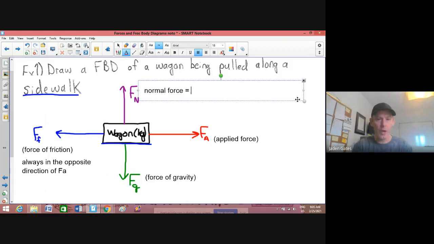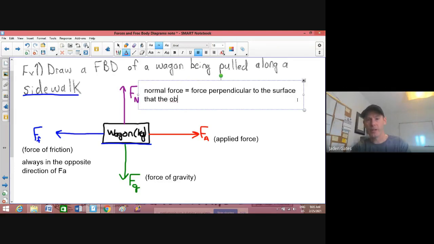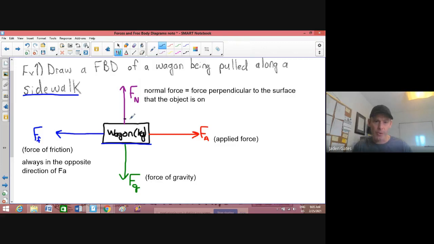And it is always a force perpendicular, which means at a right angle, to the surface that the object is on. So perpendicular means a 90-degree angle. All right, so that's our normal force. Here's the blue line, that's our ground. And so perpendicular to the ground is our normal force. See, perpendicular to the ground right here. And then again, it opposes gravity.